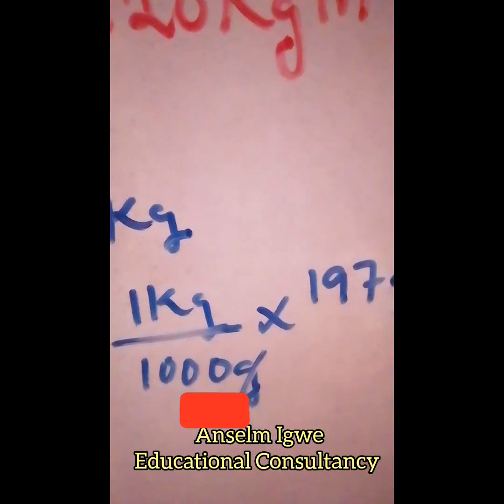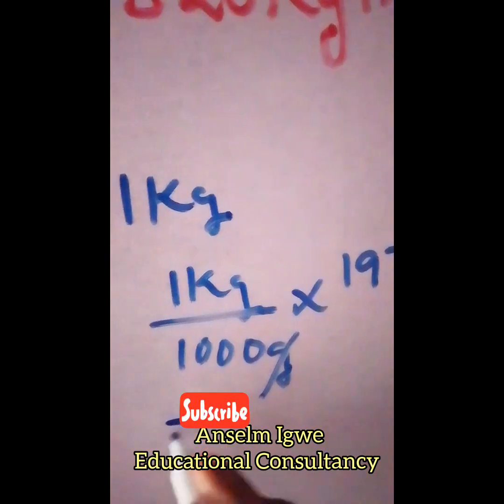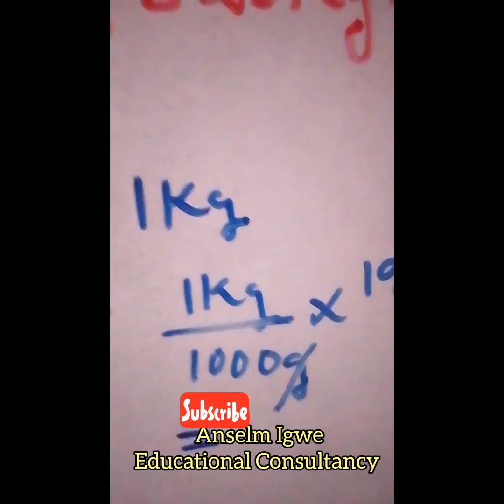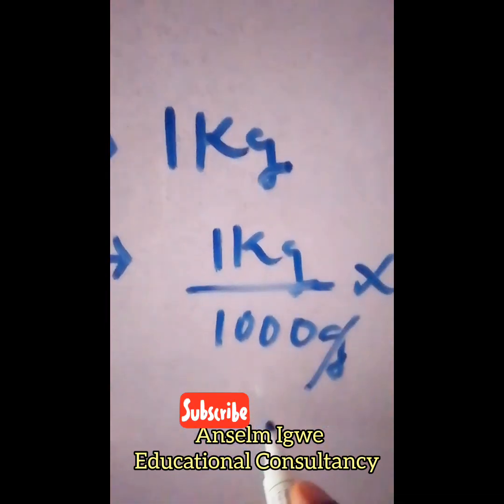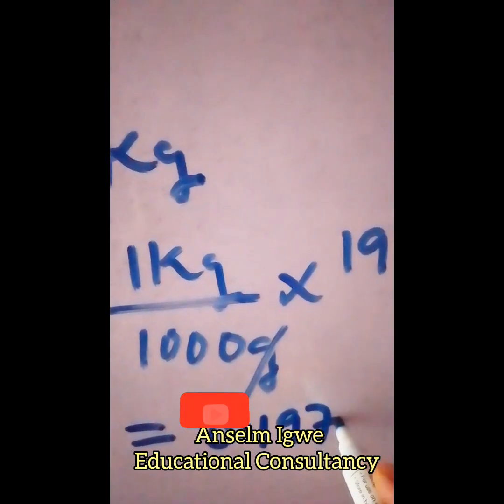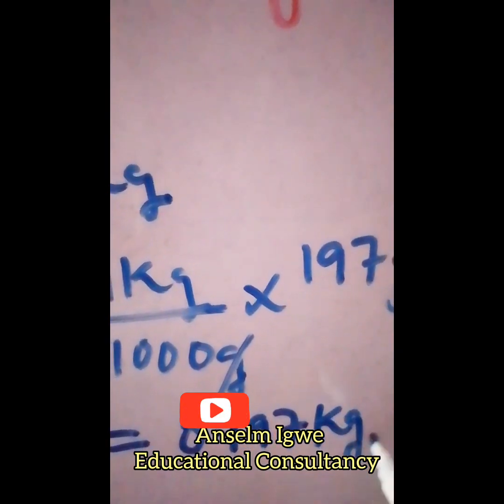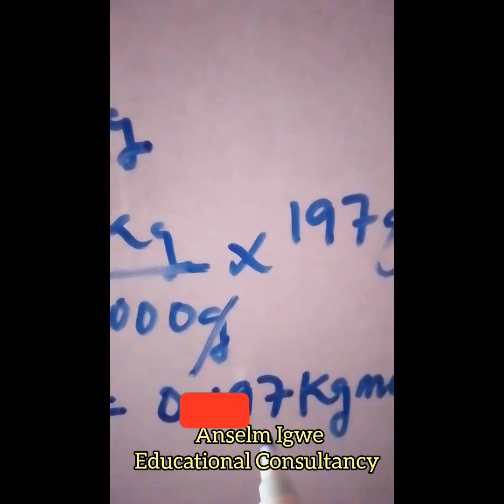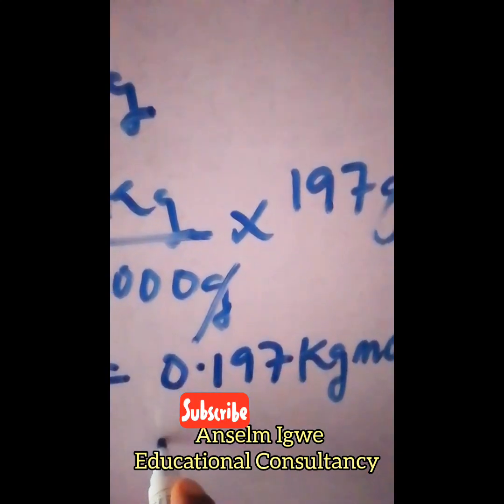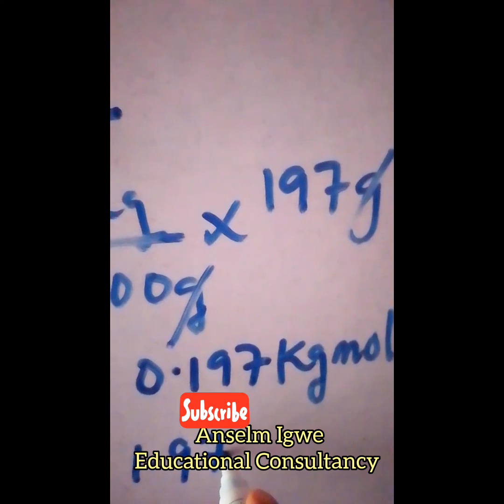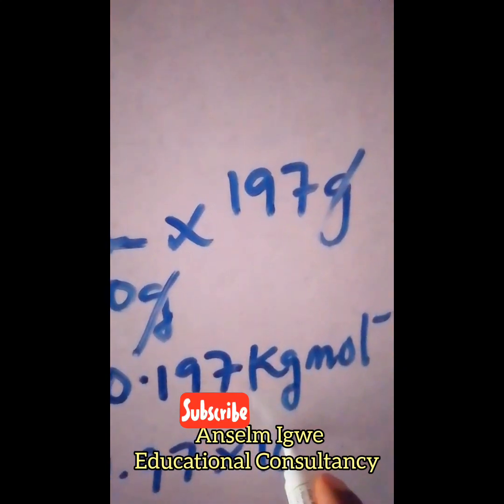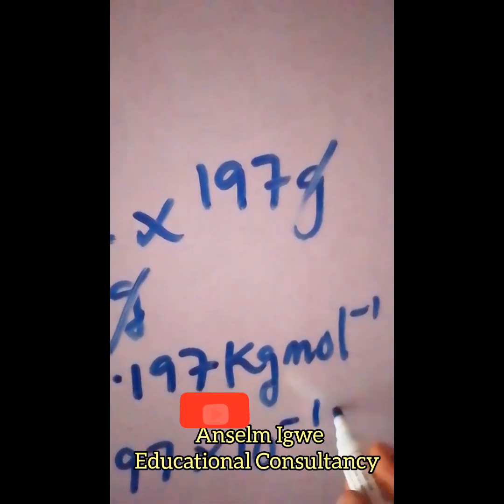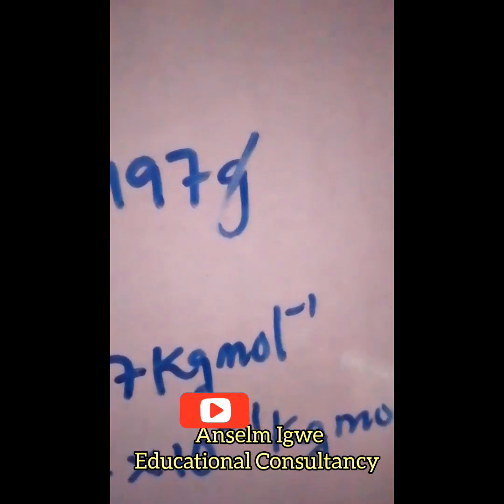We cancel gram. And what do we have? We have 0.197 kilograms per mole. Converting to proper standard form, we have 1.97 times 10 raised to power minus 1 kilogram per mole.